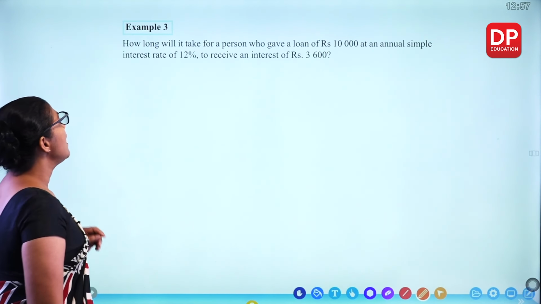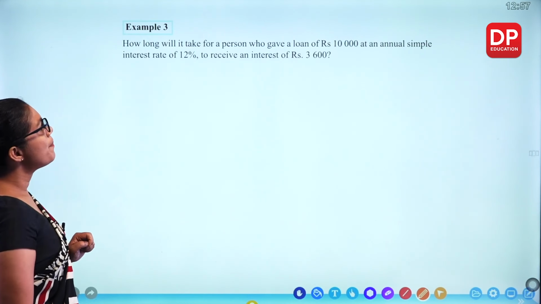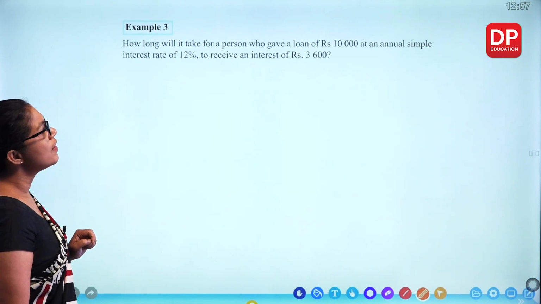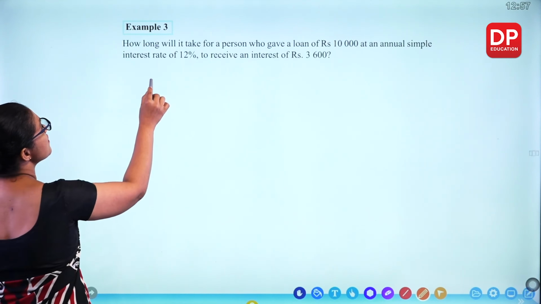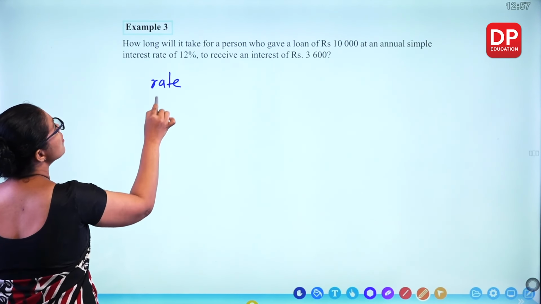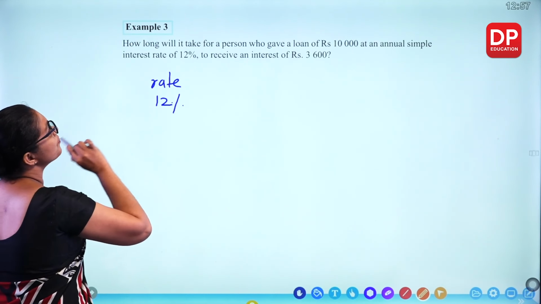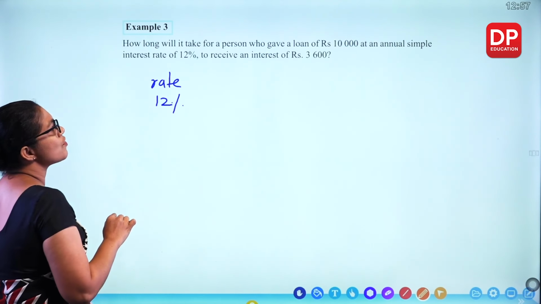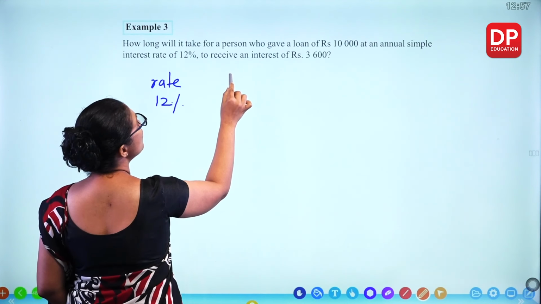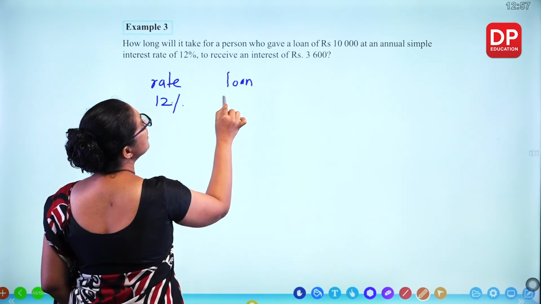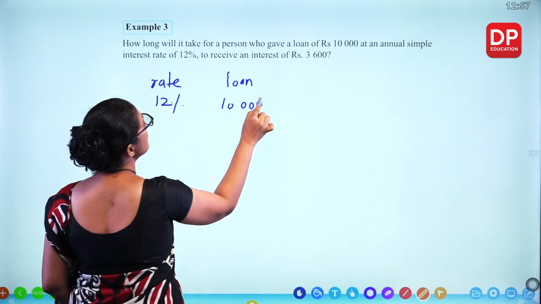Example number 3. How long will it take for a person who gave a loan of 10,000 rupees at an annual simple interest rate of 12% to receive an interest of 3,600? So what's the loan amount? 10,000 rupees.